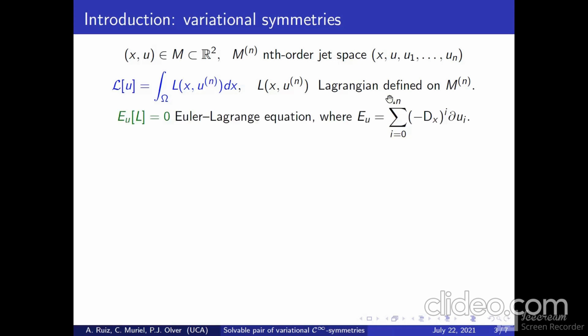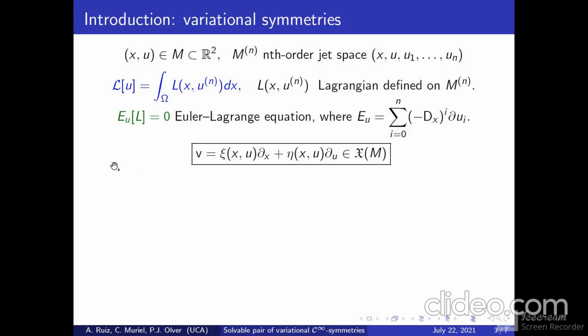It is well known that the extremals of the variational problem satisfy the Euler-Lagrange equation, which can be constructed by applying the Euler operator to the Lagrangian L, in such a way that if the variational problem is of order n, then the Euler-Lagrange equation becomes a 2nth order ordinary differential equation.